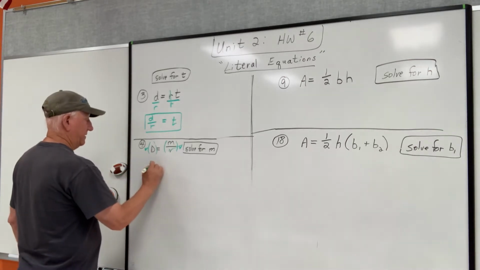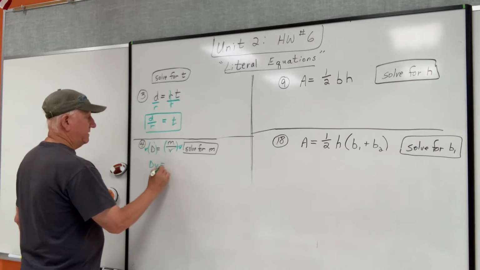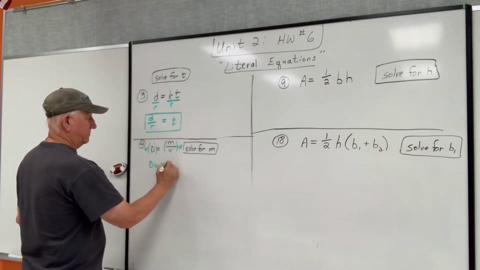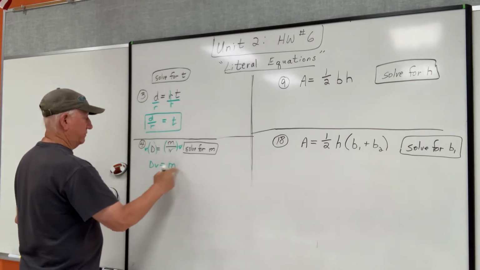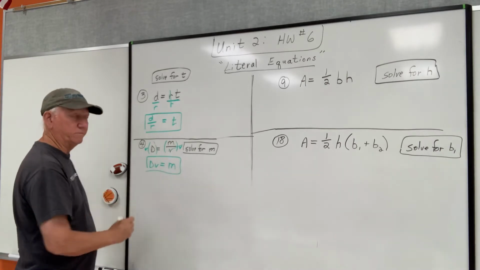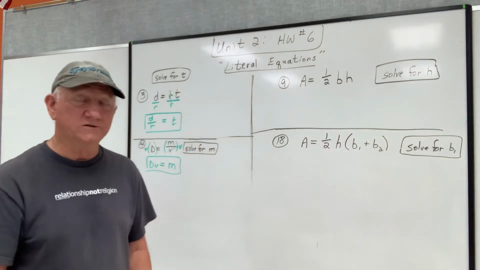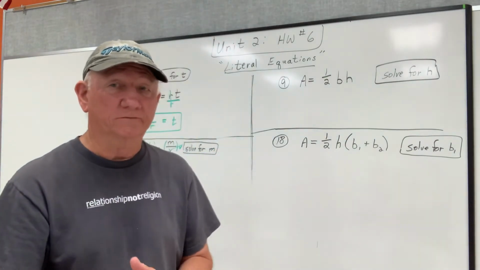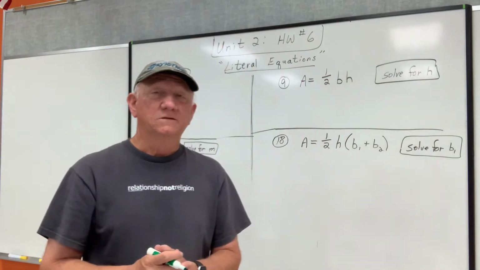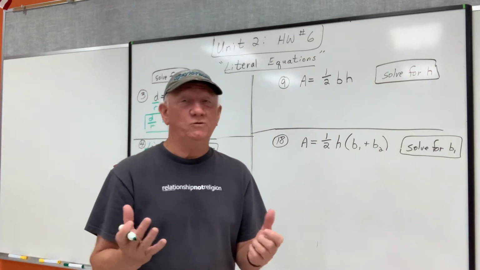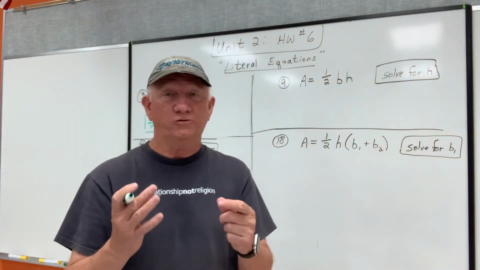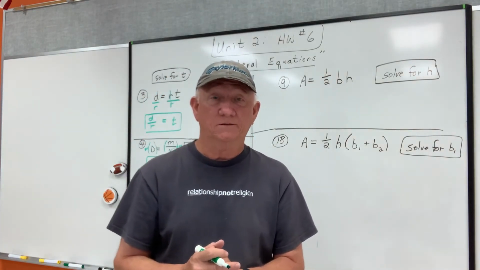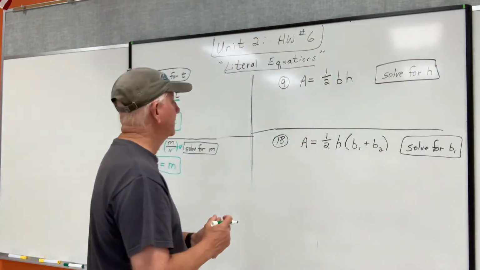So it'd be dv. So dv equals, and m is all by itself. So that's what we did. We solved for m. Not that hard, is it? They're just wanting us to know how to move things around. In algebra, you can do anything you want to an equation as long as you're doing it to both sides of the equal sign.